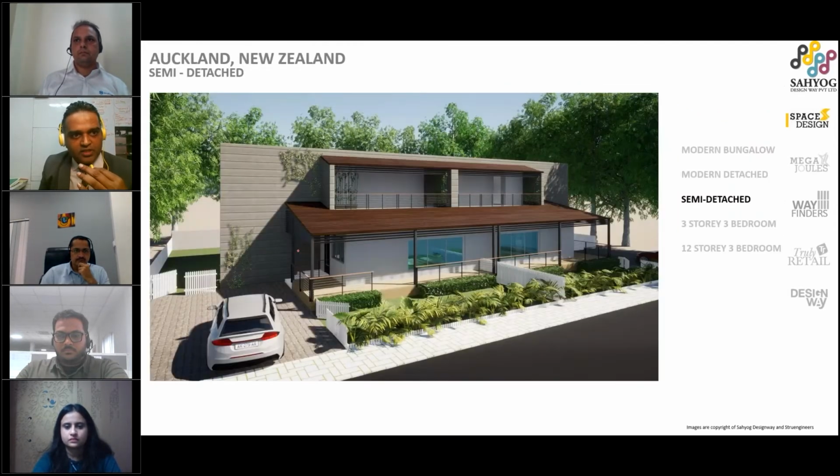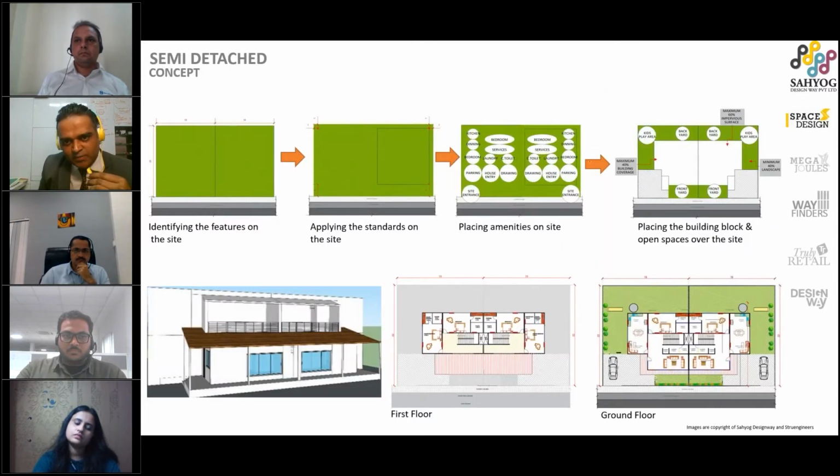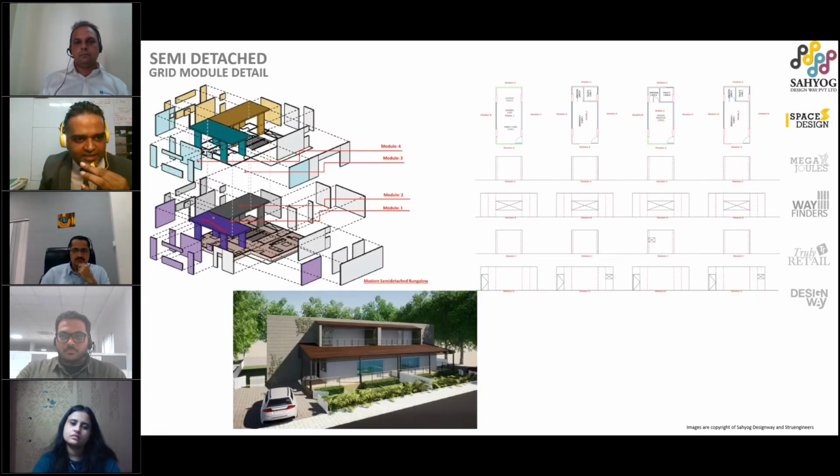Now, as we go further, this is a semi-detached. So we had seen a modern bungalow, a detached part and a semi-detached part. It's more of a twin bungalow setup, which we call in India. So here we have again looked at the same hierarchy of spaces, the placement and alignment at the side, and then used the 3D structure which we had optimized, and come across with module design details, and then how they are placed together to create a differential elevation.